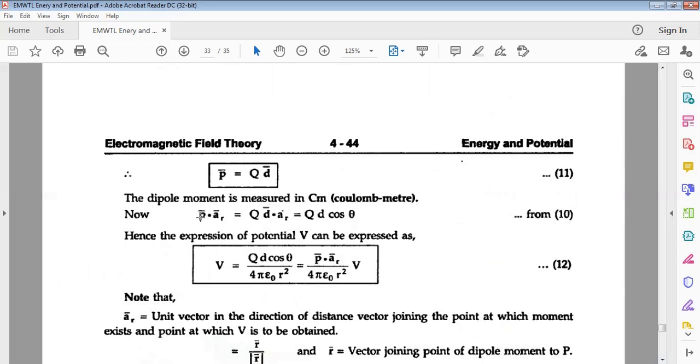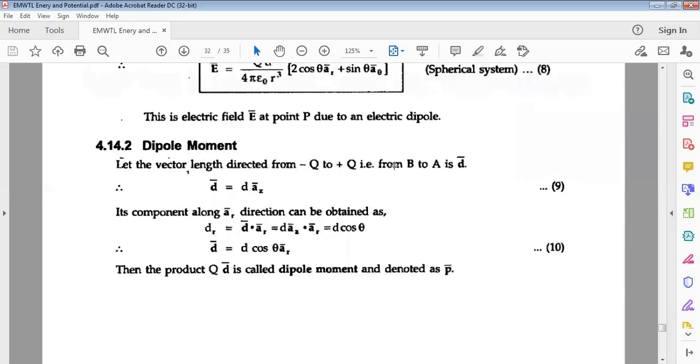Now the dot product p bar dot a_r bar is the dipole moment along the direction of the R bar, or the p_r component, simply saying. So what is p_r? P bar dot a_r bar is q d bar dot a_r bar. What is d bar dot a_r bar here? D bar dot a_r bar is d cos theta.